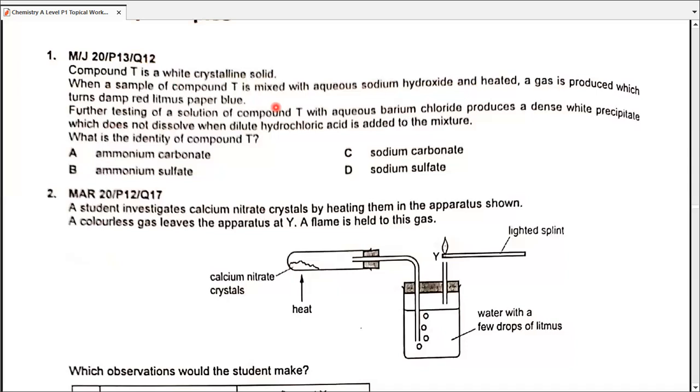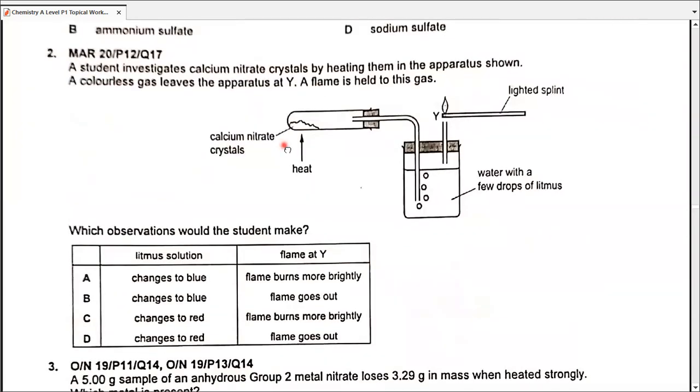Ammonium sulfate added to barium chloride produces barium sulfate and ammonium chloride. Red litmus paper, blue: ammonium carbonate, ammonium sulfate. B. B. Very good. Let's come to number 2.